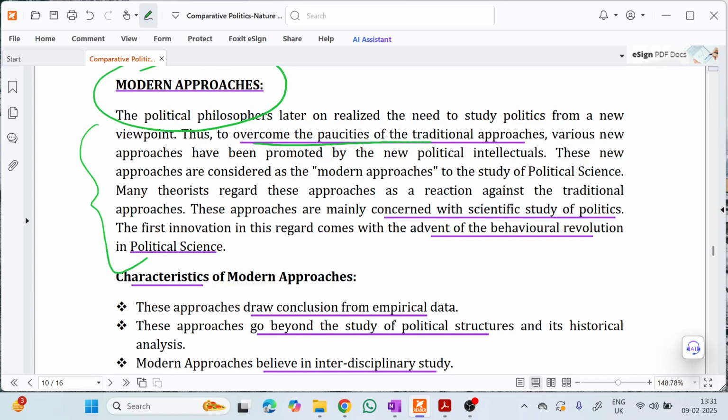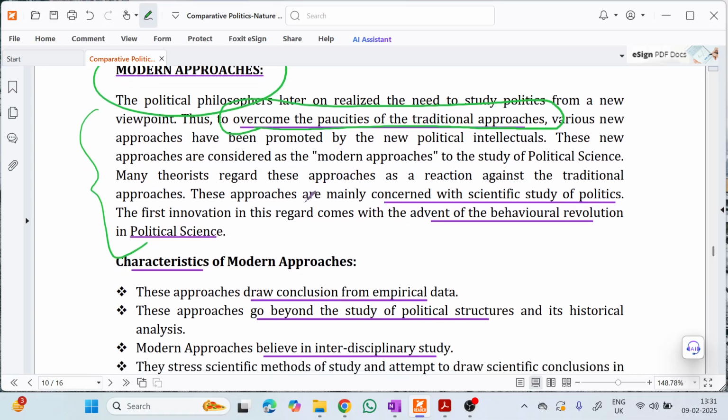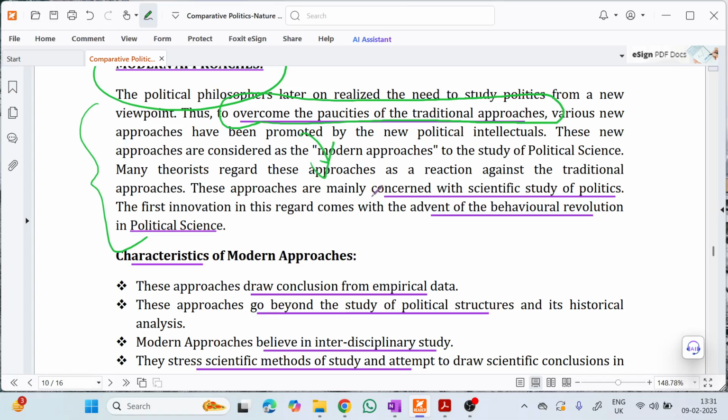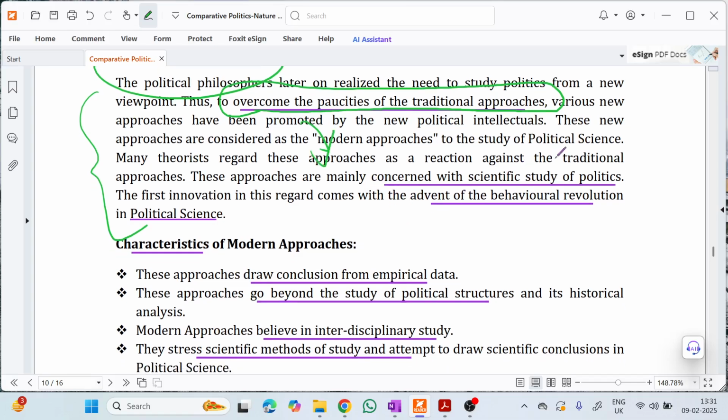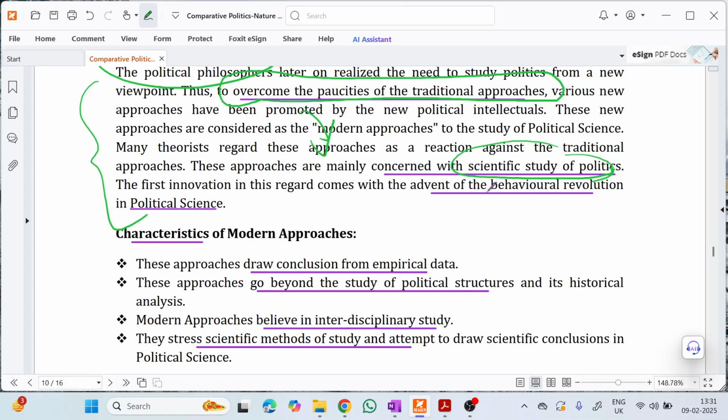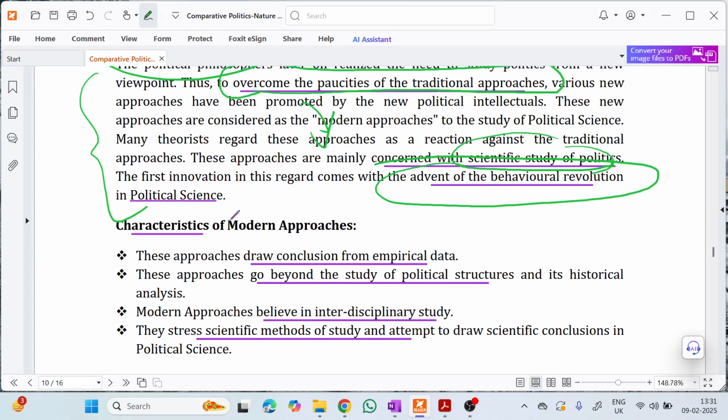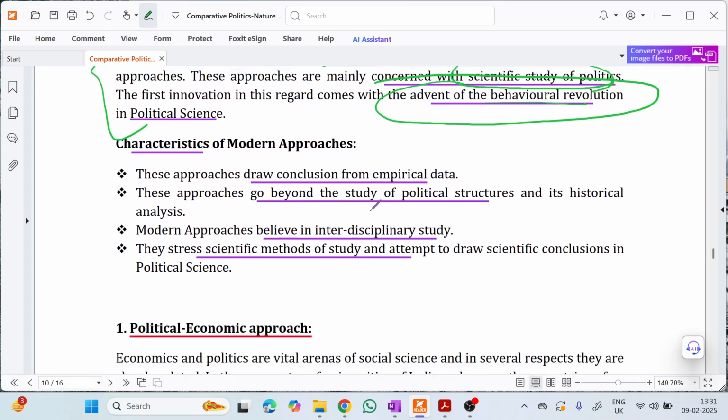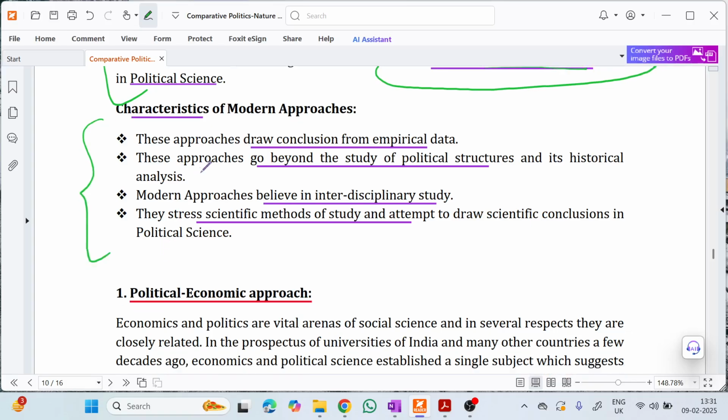To overcome the deficiencies of traditional approaches, many modern approaches have arisen which are concerned with the scientific study of politics and the actual study of the behavior of people, leading to the advent of the behavioral revolution in political science.